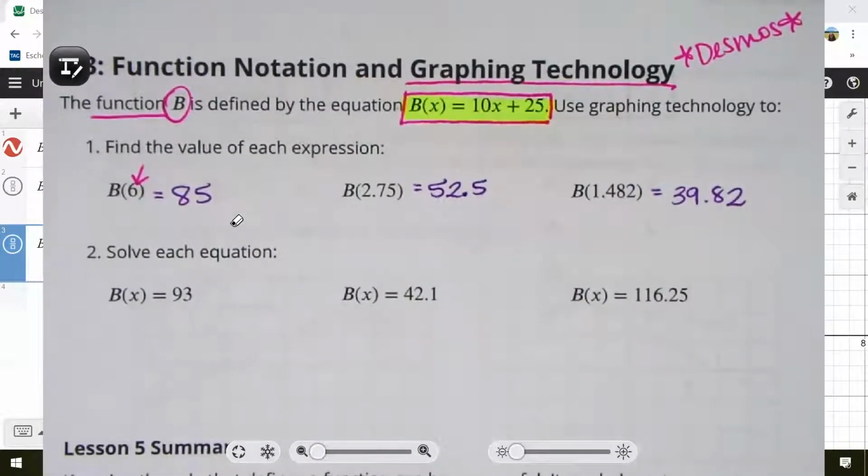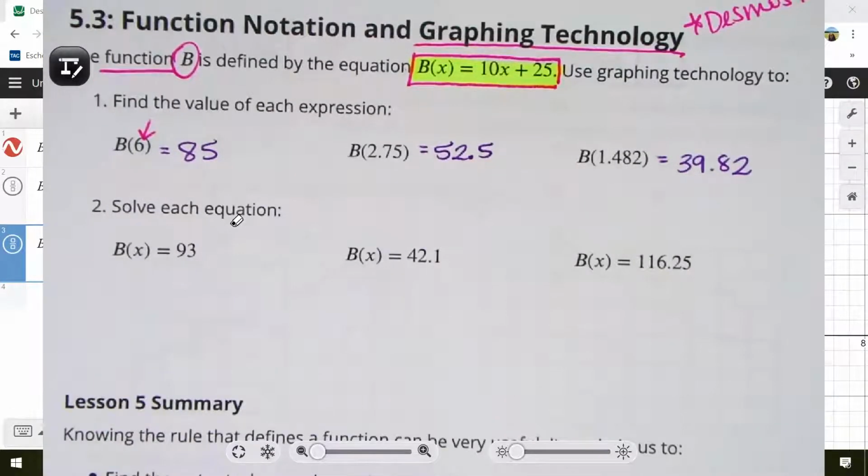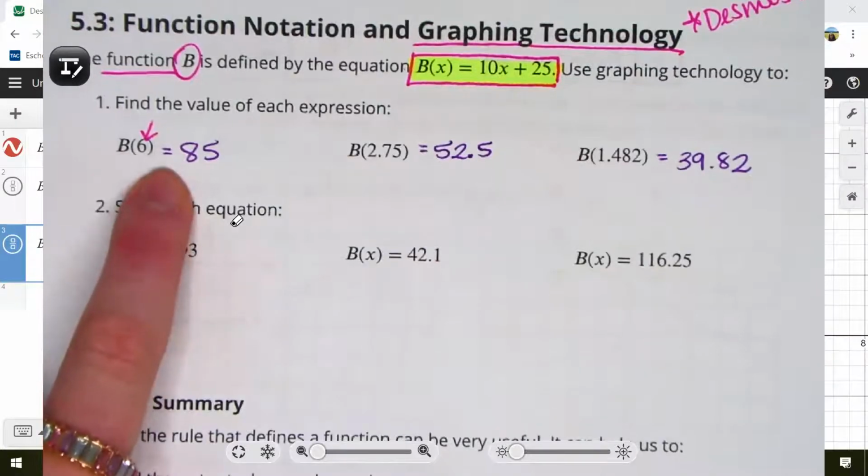Now, isn't that a lot easier than it would have been if we would have had to deal with all those decimals? Doesn't that make our life so much easier?